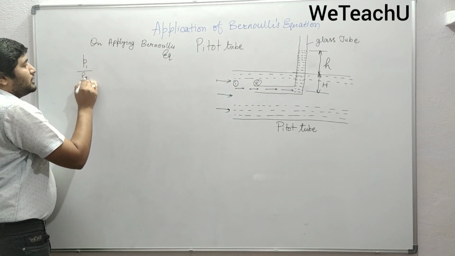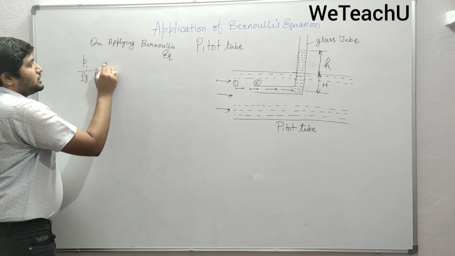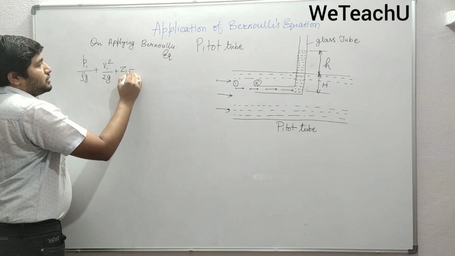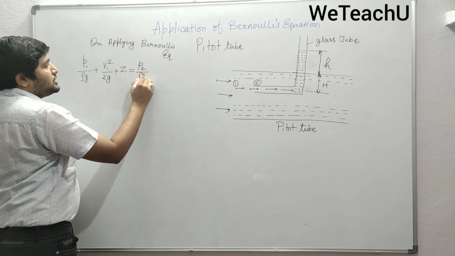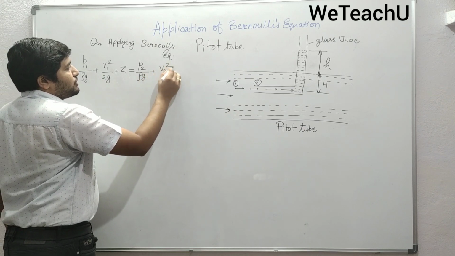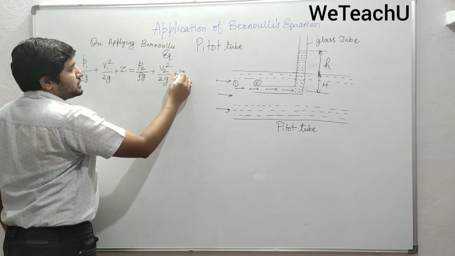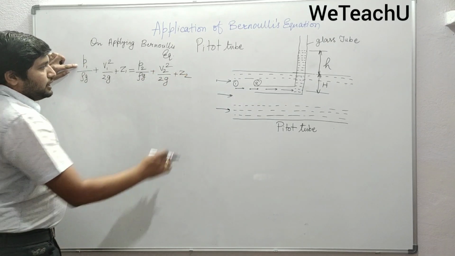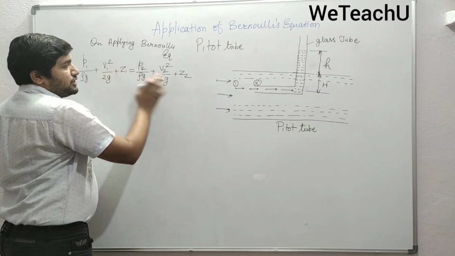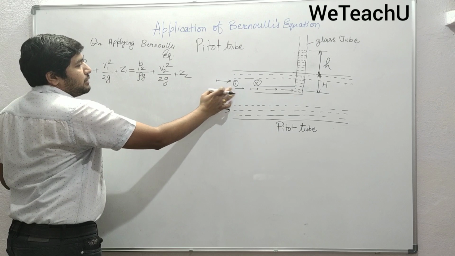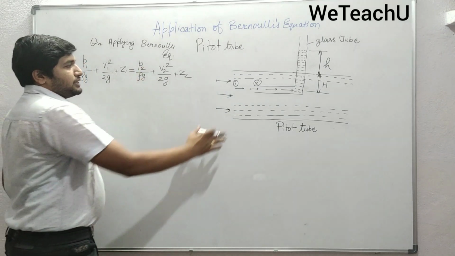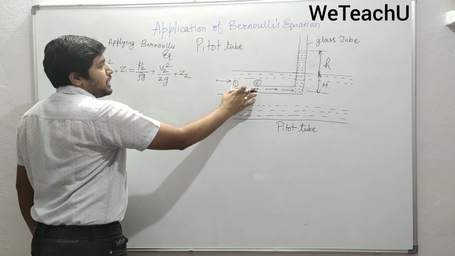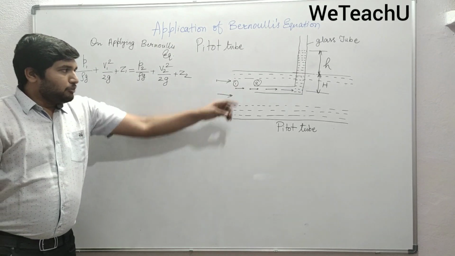As we know, P1 upon rho g plus V1 square upon 2g plus Z1 is equal to P2 upon rho g plus V2 square upon 2g plus Z2. Here P1 is the pressure intensity at point 1, V1 is the velocity at point 1, Z1 is the height at point 1. P2 is the pressure intensity at point 2, V2 is the velocity at point 2 and Z2 is the height from the datum line at point 2.